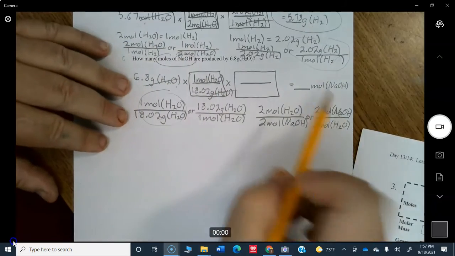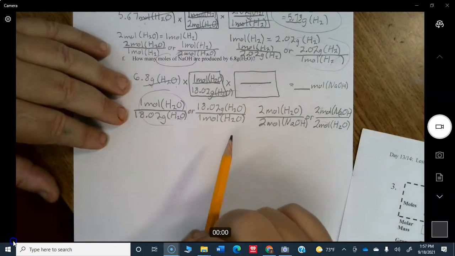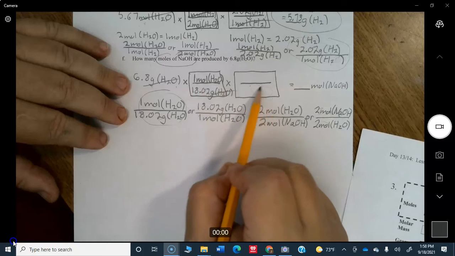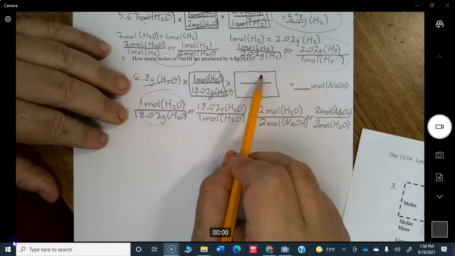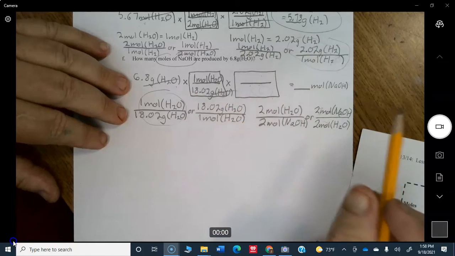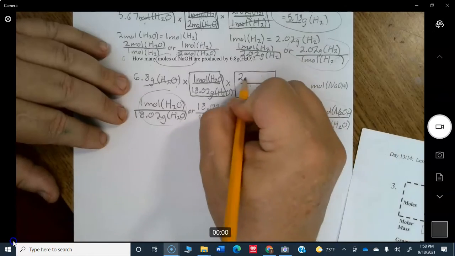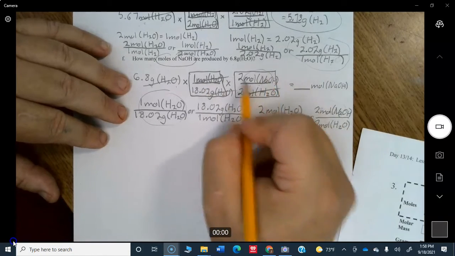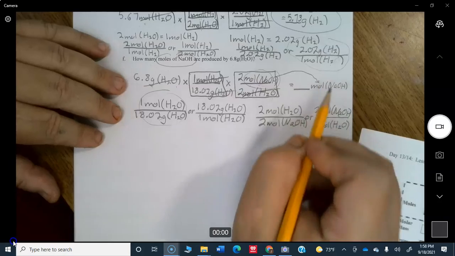Okay, there they are. One of them goes here. Which one of these goes there? Well, we need moles of H2O on the bottom here to make that cancel, and we need moles of NaOH on the top to appear in our final answer. So it's going to be this one. Okay, moles of H2O cancels and cancels. Last man standing is moles of NaOH.